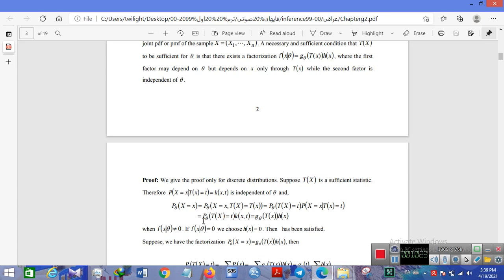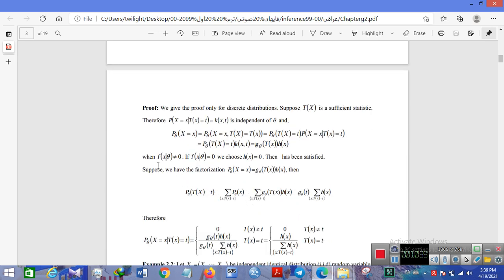We can define the probability of T(X) equals t as g(theta, T(x)), and this part, which is independent of theta, is called h(x). This is when f(x|theta) is not equal to 0. If f(x|theta) equals 0, we choose h(x) equals 0, and we have this factorization.